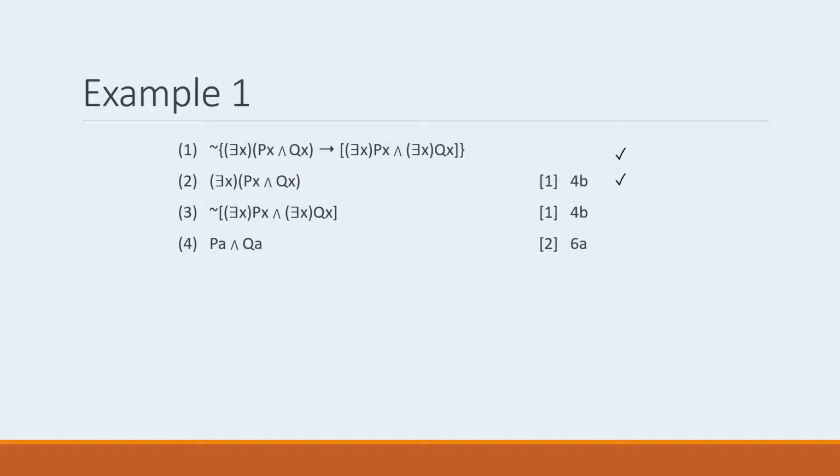So let's skip line 3 for now. Line 4, p of a and q of a, we use our and rule to immediately get line 5, p of a, and line 6, q of a. This uses line 4. Now, there's no deferring it any longer because lines 5 and 6 are both atomic. There's nothing we can do with them.